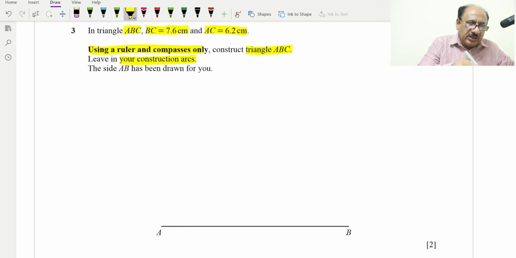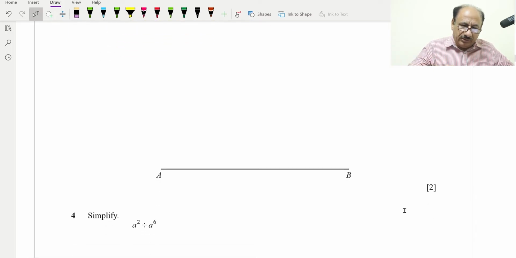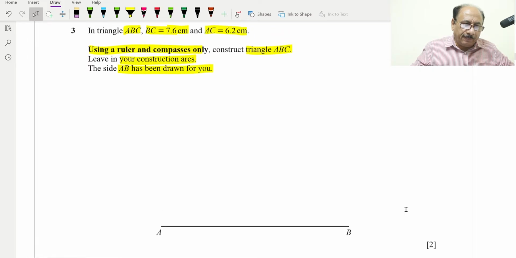The side AB has been drawn for you. Okay, so in this one, AB is already drawn and AC is 6.2.